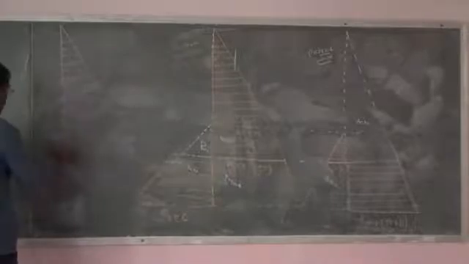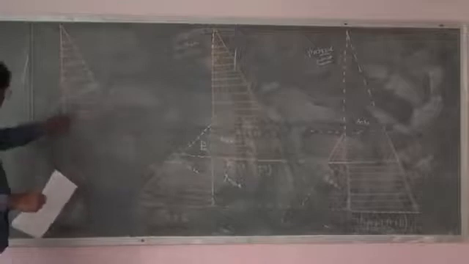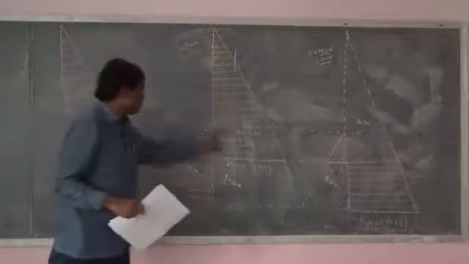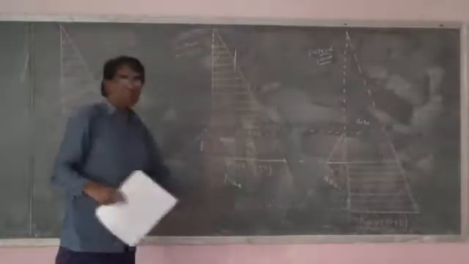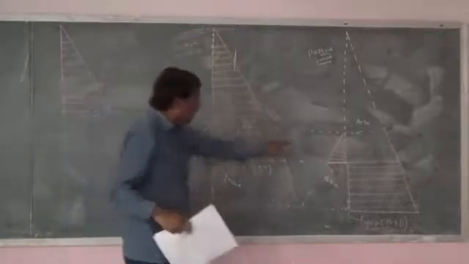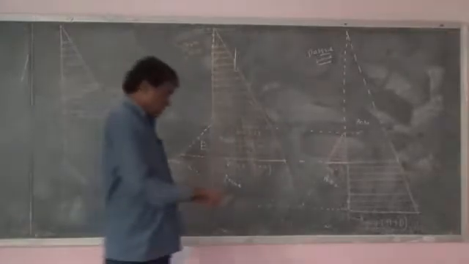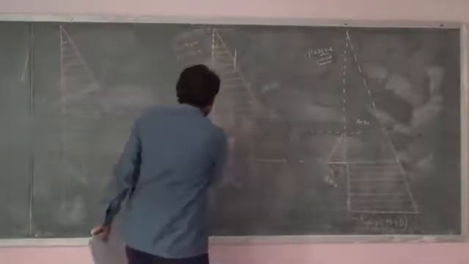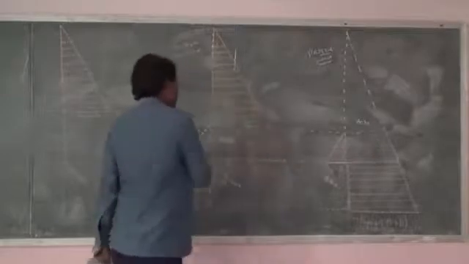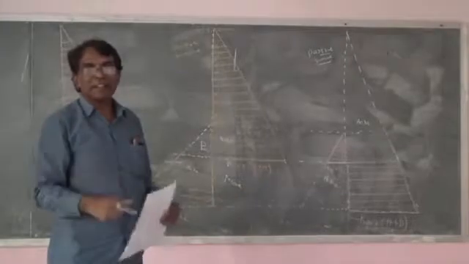This is the point O. Now, as I told you, from this portion to this portion, active pressure is also there, and again from this portion to this portion, passive pressure is also there. This is the portion where both active as well as passive pressures are acting.